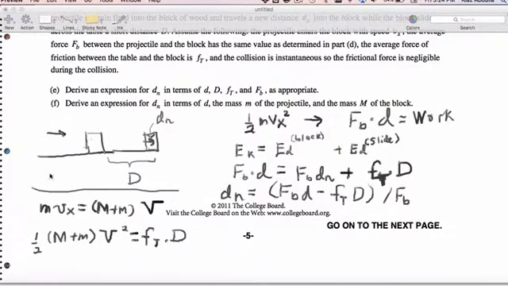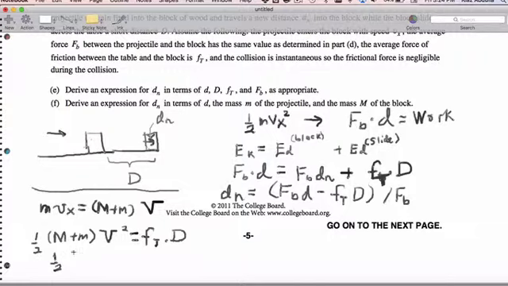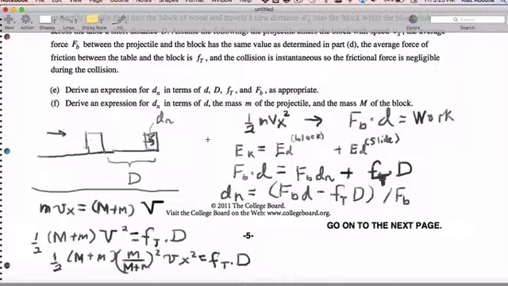Continuing, we're going to do a little bit of a substitution here. We're going to say that 1/2 m plus M, with a substitution of m over m plus M quantity squared, times Vx squared equals Ft times D. Continuing on, there is some simplification that we can do.